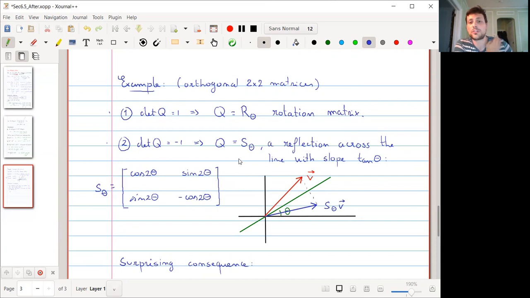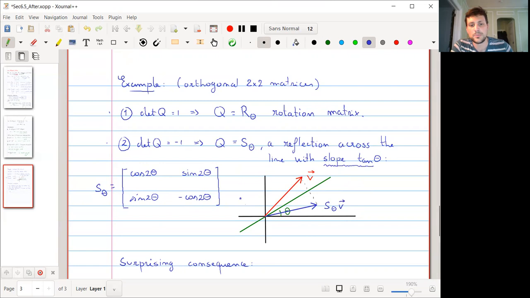Q is what is called the reflection matrix. It's denoted as S theta, and it works like this. You have a line whose angle formed with the x-axis is theta. To be precise, one can say that the slope of the line is the tangent of theta, but this is what it means, that the angle of the line with the x-axis is theta, and you reflect across it.